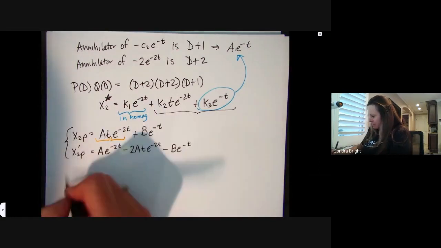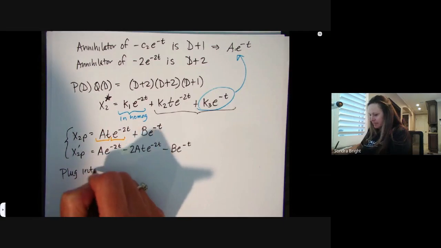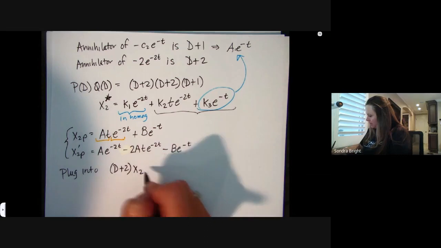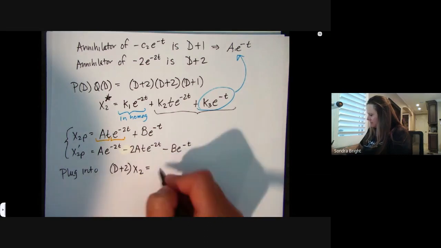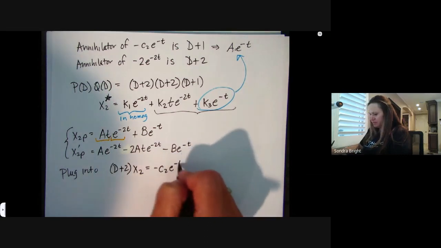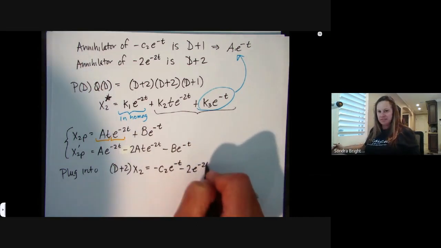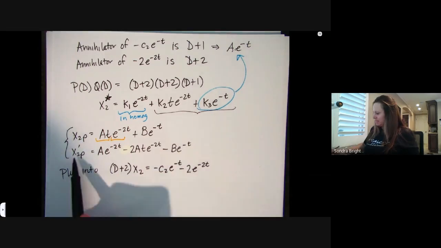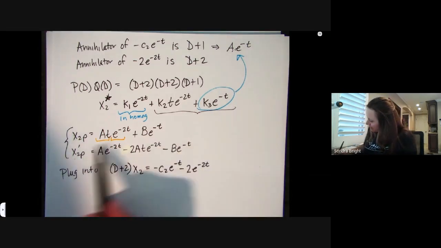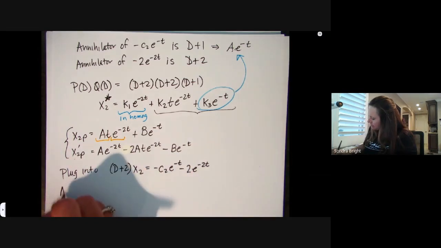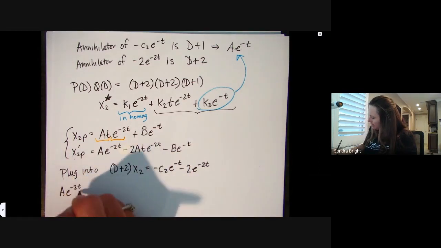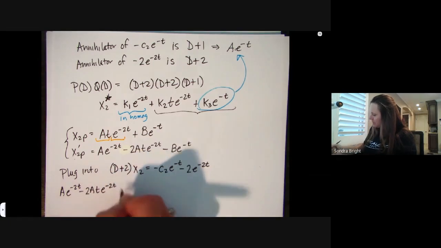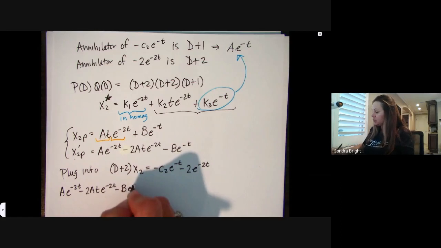All right, so now we're going to take these guys and plug into (D + 2) operating on x2 is equal to negative c2 e to the negative t minus 2e to the negative 2t. Yes? Okay. So the first derivative of x2 is this guy here. So I'm going to have A times e to the negative 2t minus 2At e to the negative 2t minus B times e to the negative t. And then plus 2 times x2.